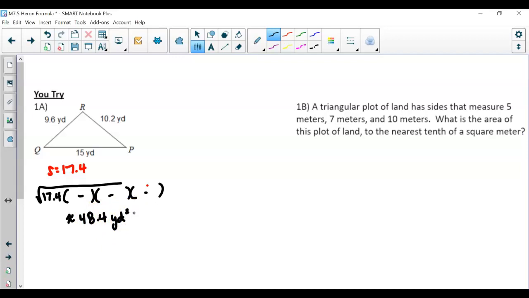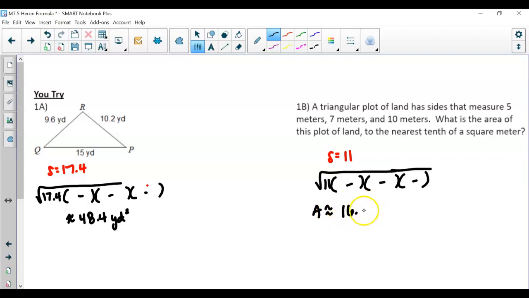Then 1B, you should have gotten a value of S equal to 11, after adding up the three sides to get 22, then dividing by 2. So this is the square root of 11 times the three sides being subtracted from 11. You should have gotten the area, which is approximately 16.2 square meters.